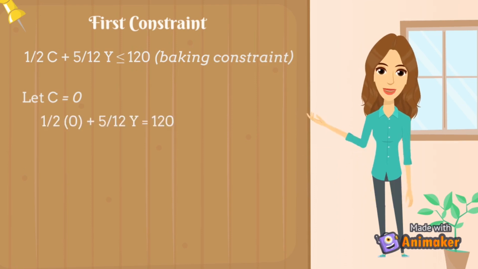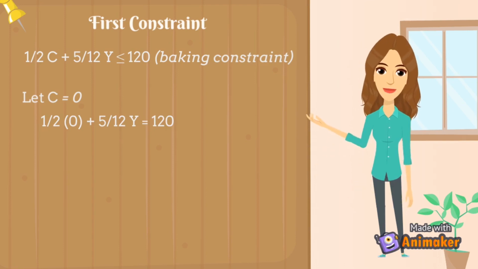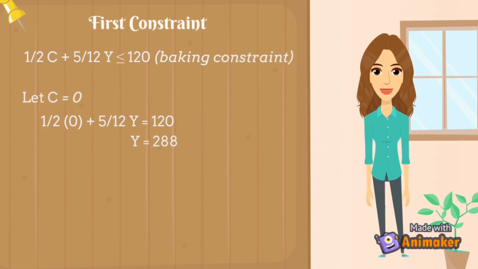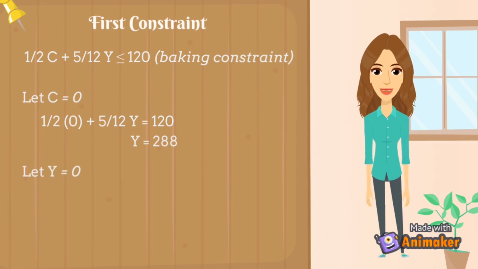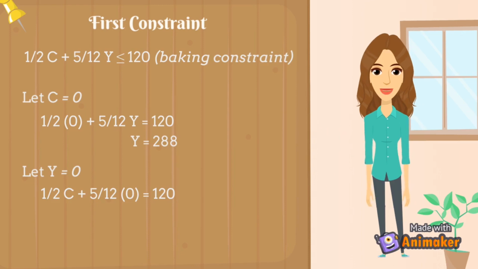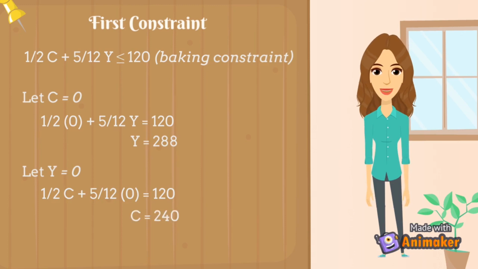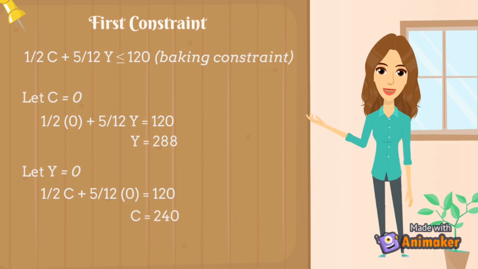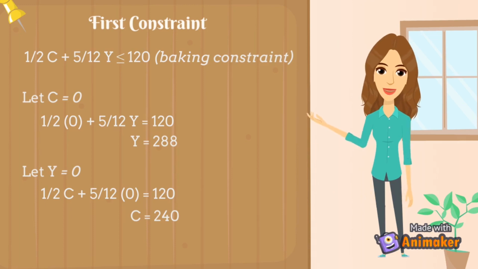So, 1/2 times 0 plus 5/12 y is equal to 288. To get the value of c, we will set the value of y to 0. 1/2 c plus 5/12 times 0 is equal to 240. Now that we have the first coordinates of c and y, we will plot them on the graph.